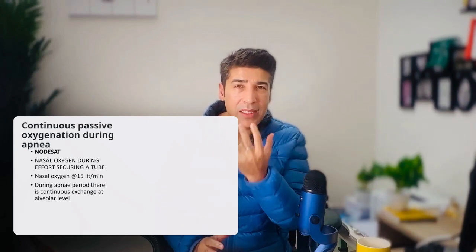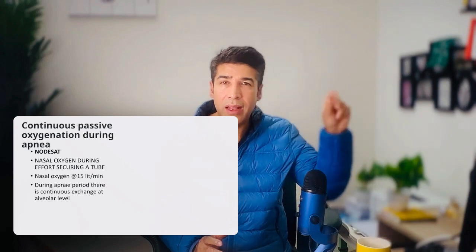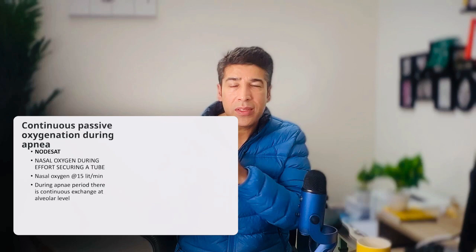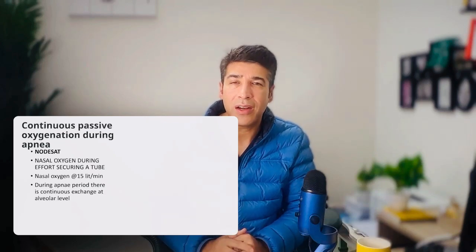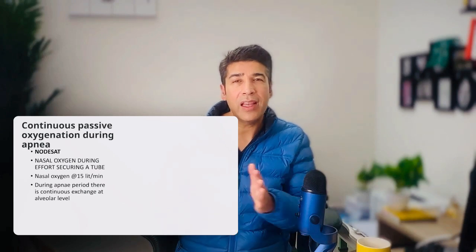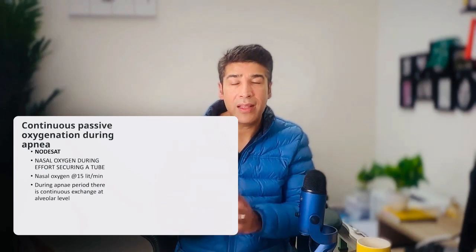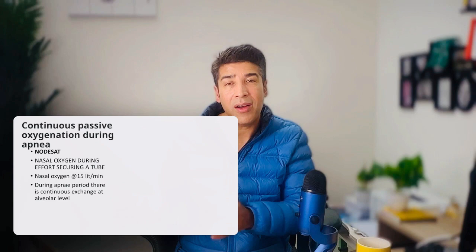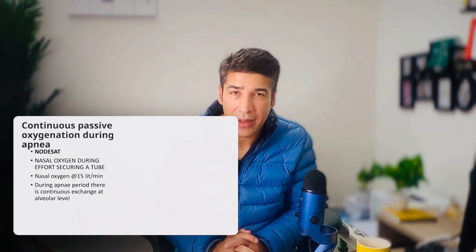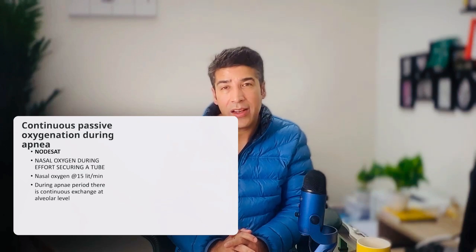Now keep this cannula there with 15 liters, okay, and there will be continuous oxygenation or diffusion happening at the alveolar level, and this will increase the safe apnea time, and this will decrease the event of hypoxia or intolerance to that period of apnea, especially in critically ill patients.